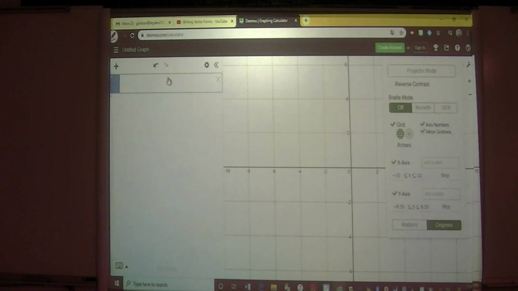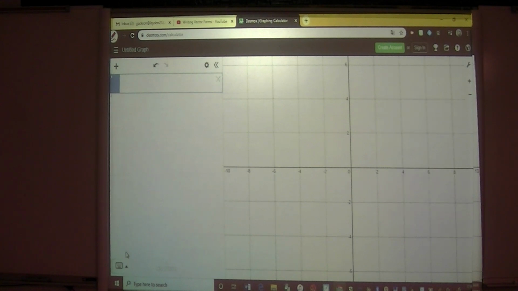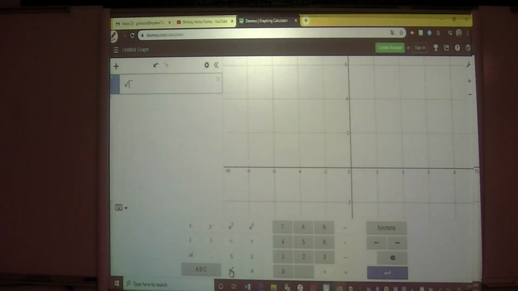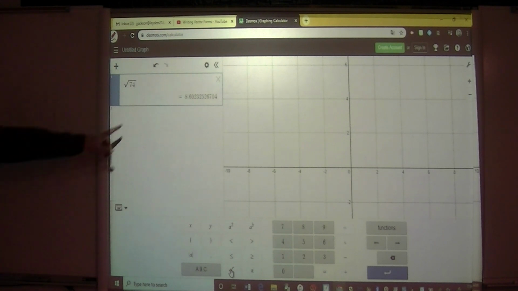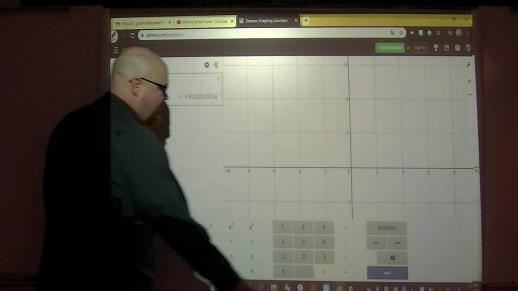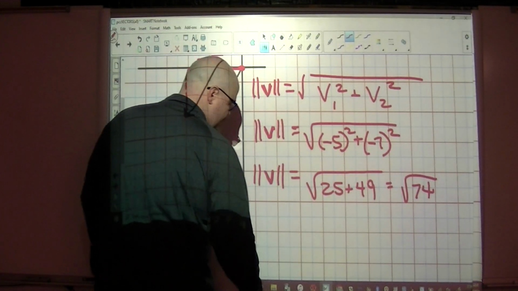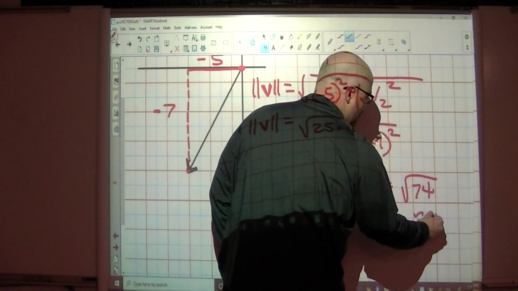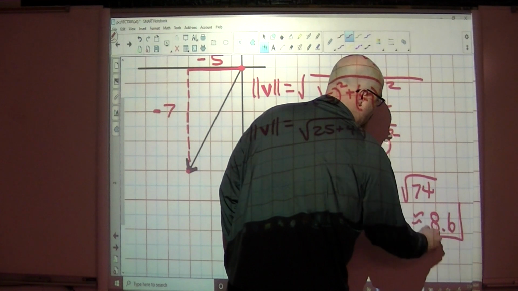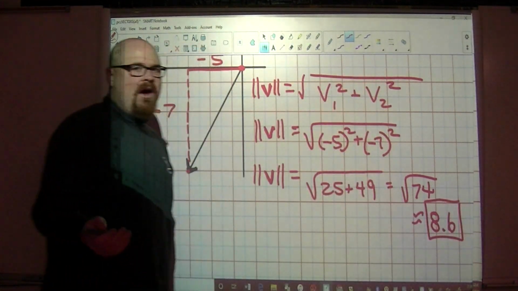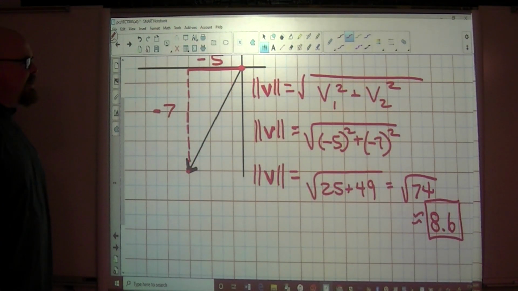Okay, that's going to make a difference. What did we have here? We had the square root of 74. So we get 8.6 here for the magnitude. That doesn't have any units right now. It will once we start doing some of these applications.